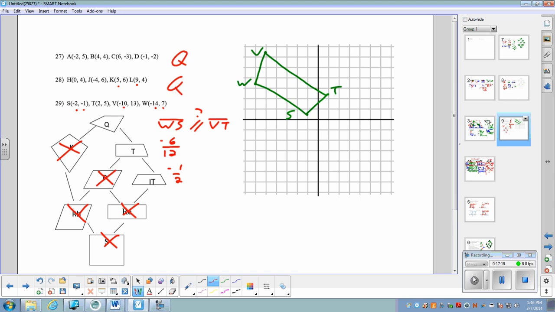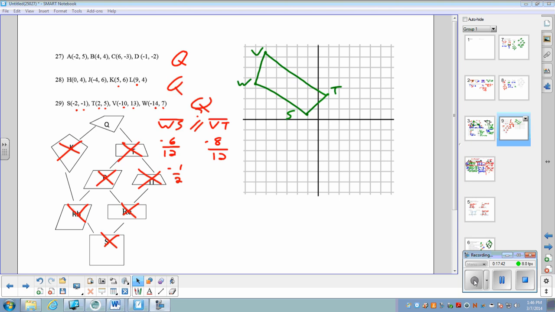From negative 10 to positive 2 is 12. And from 13 to 5 is negative 8. So, oh, they're not parallel, which means, wow, all of these are quadrilaterals. Not what I was intending to do, but that's how they turned out. Probably won't be that way on your test, though.